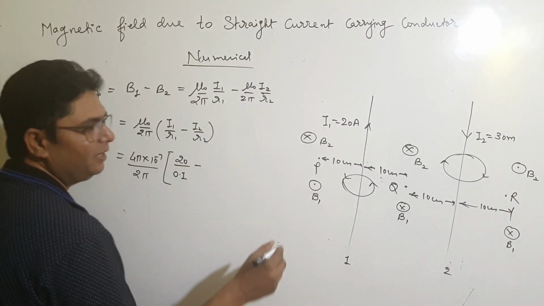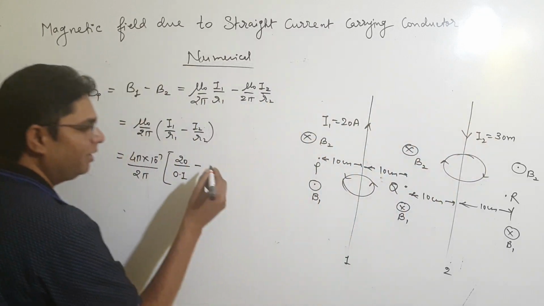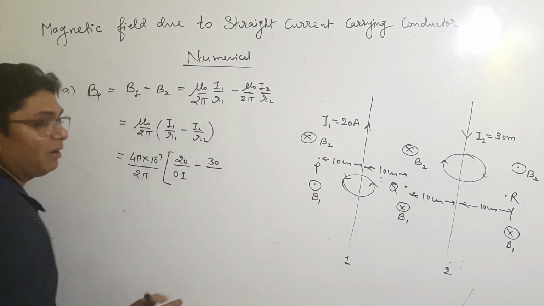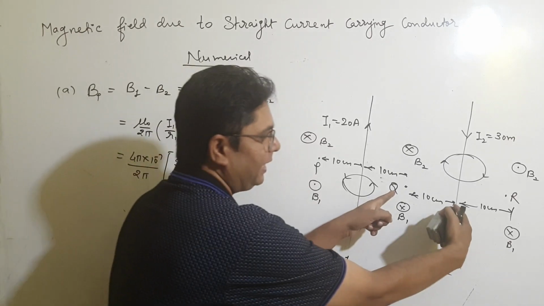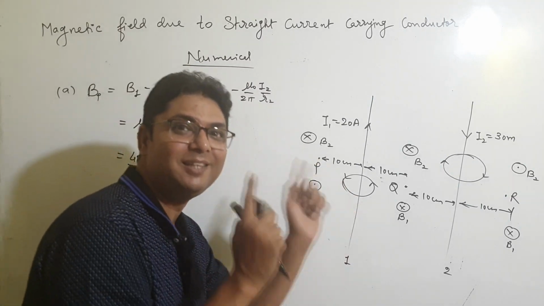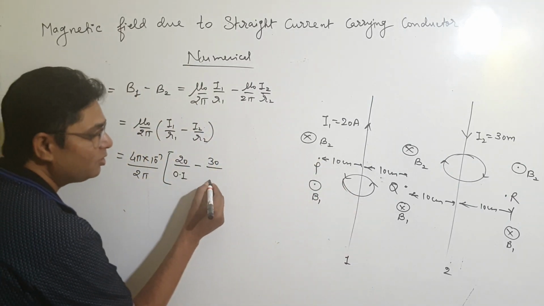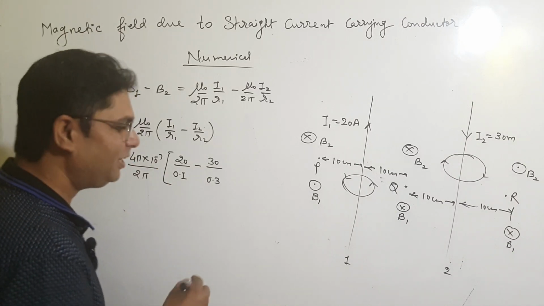Give a minus sign. The current I2 is 30 ampere. Write here 30. And what will be the distance R2 at this point? See, this is 10, 10, 10, 10 plus 10 is 20, 20 plus 10 is 30. So the distance is 0.3 meter, because 30 centimeter is 0.3 meter.